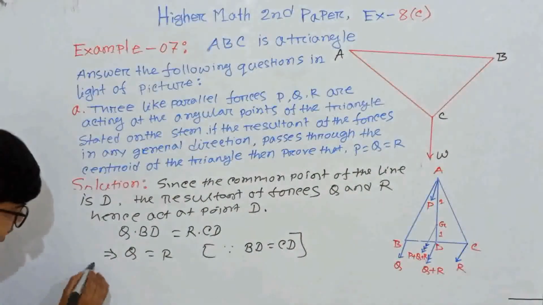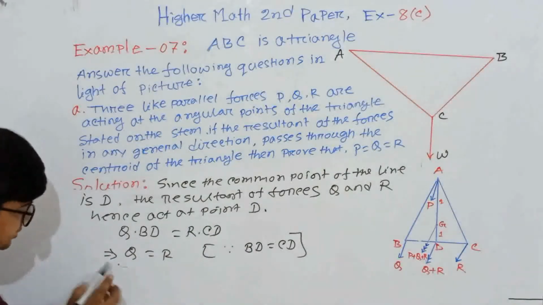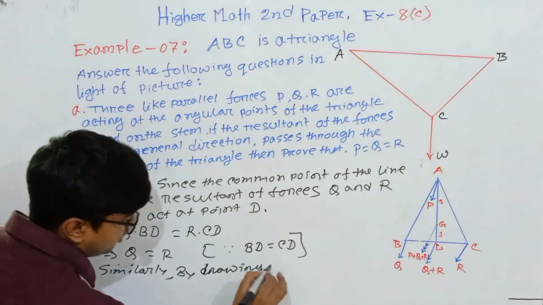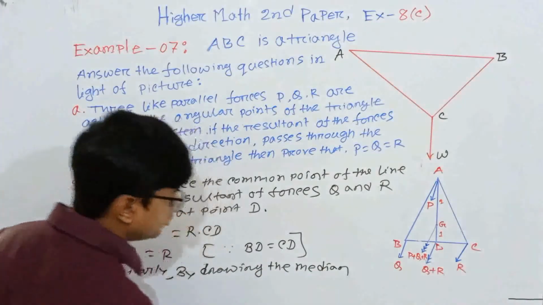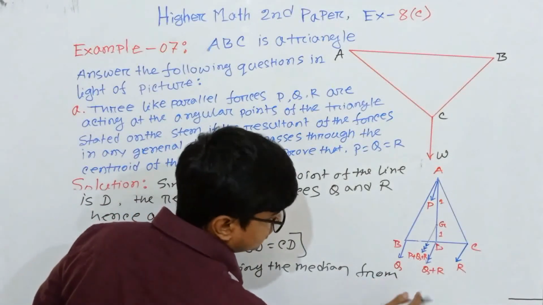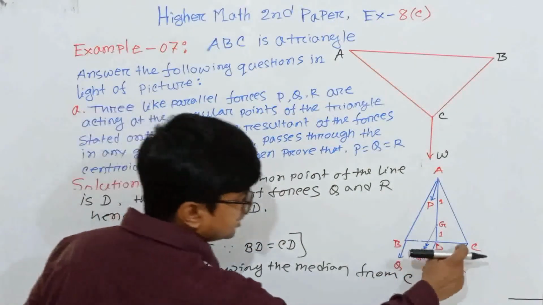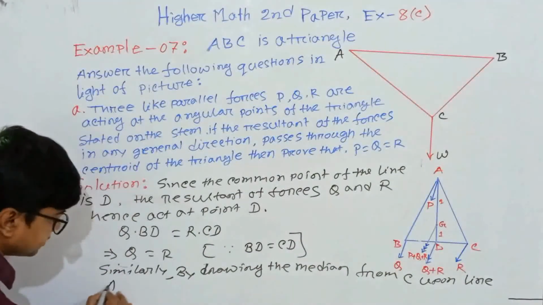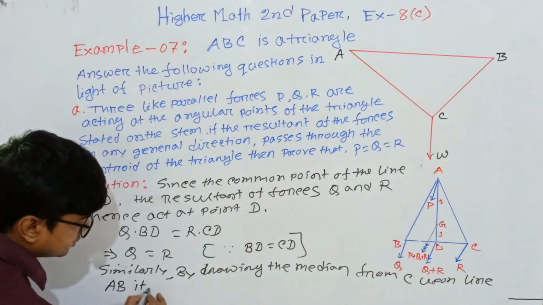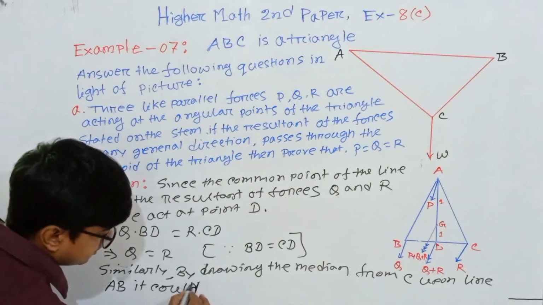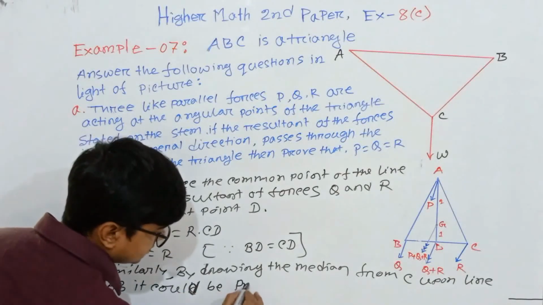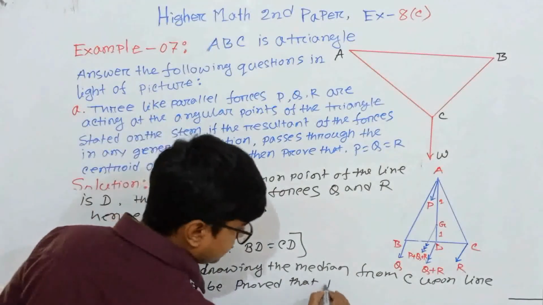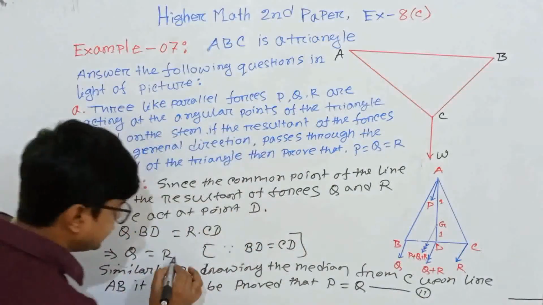And now, similarly, by drawing the median from C upon the line AD, it could be proved that P equals Q, which is equation number 2, and this is equation number 1.